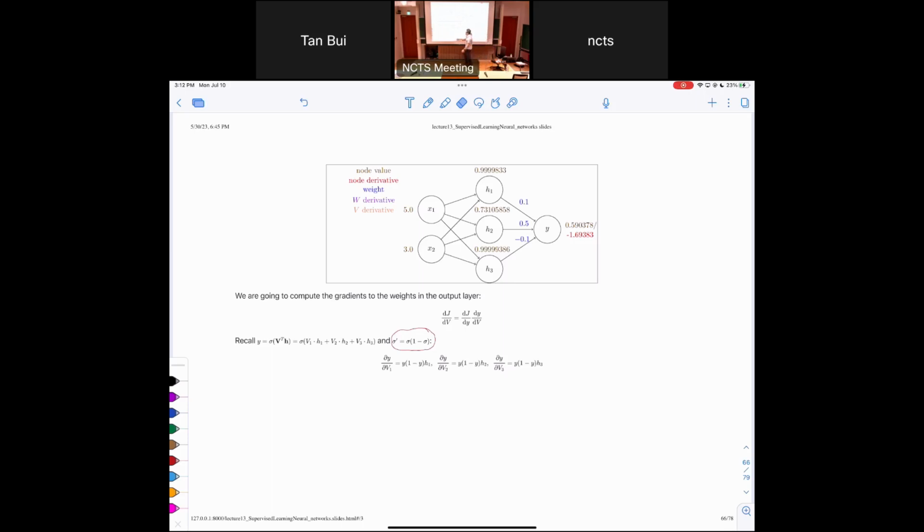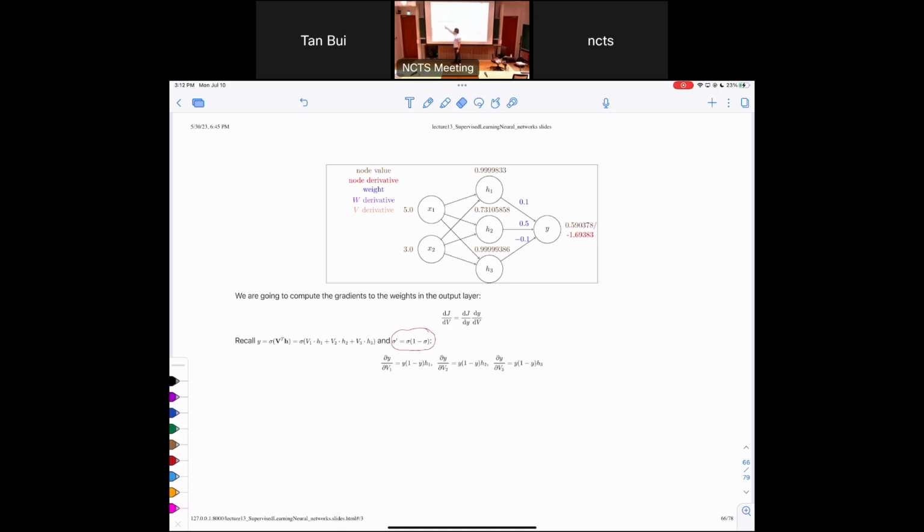In order to calculate the derivative of y, which is sigmoid, with respect to V1, I need to go through the derivative of sigma with respect to this thing first, and then that thing with respect to V1. I need to take the derivative of sigma with its argument first, and then the derivative of its argument with respect to each of these.